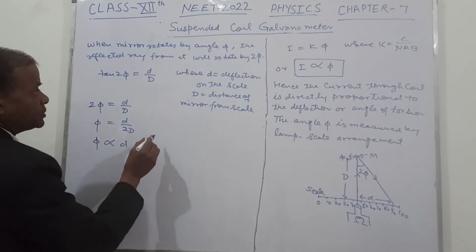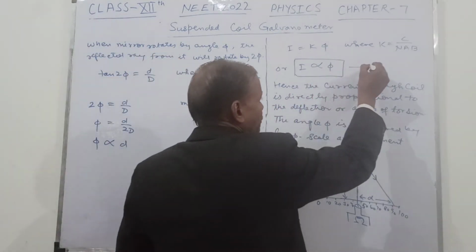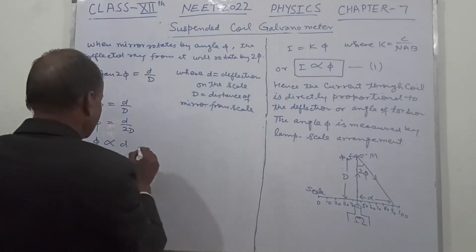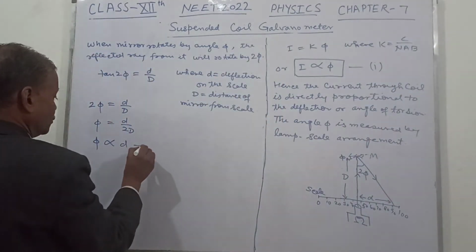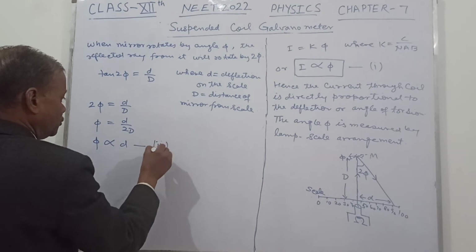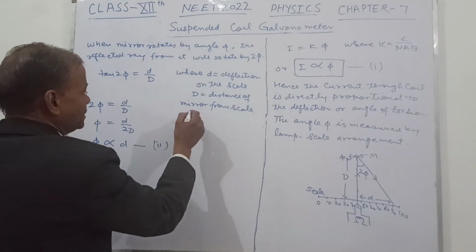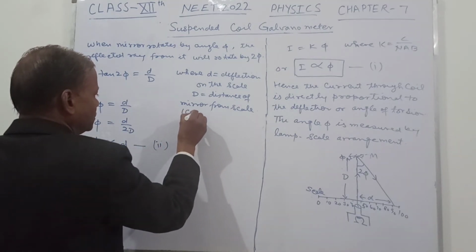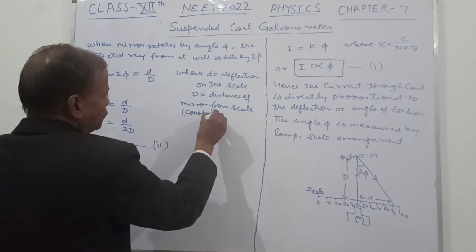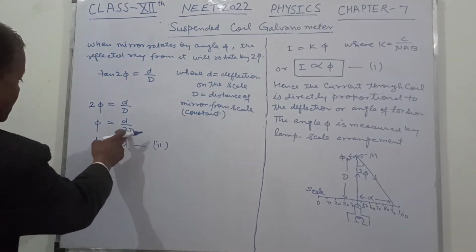So this we take as equation number 1, and this as number 2. Now this is the scale, this is constant. So this whole is constant.